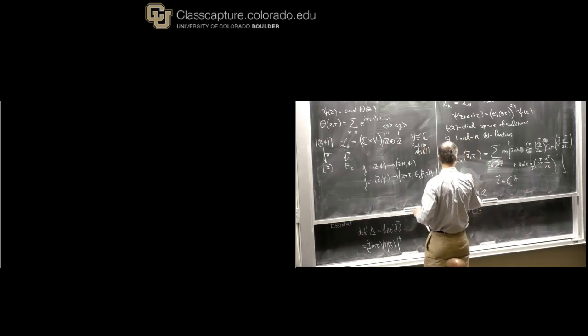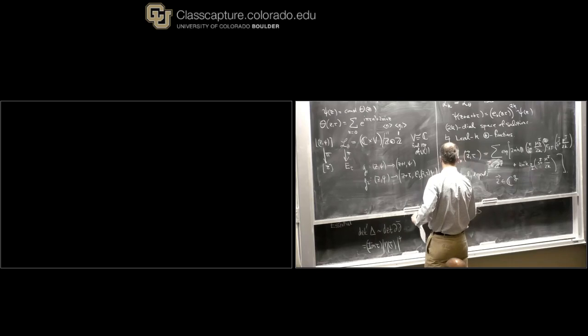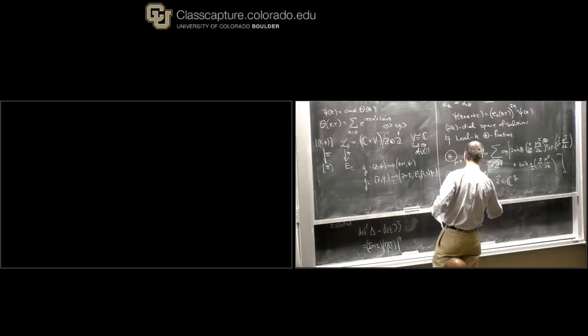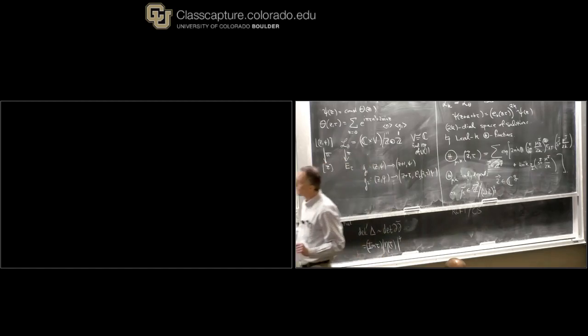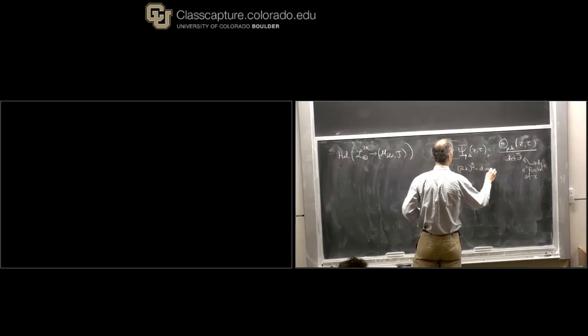Theta mu kappa only depends on mu, which is in Z to the G, 2 kappa Z to the G. So in particular, this is a natural basis for a 2 kappa to the G dimensional space.